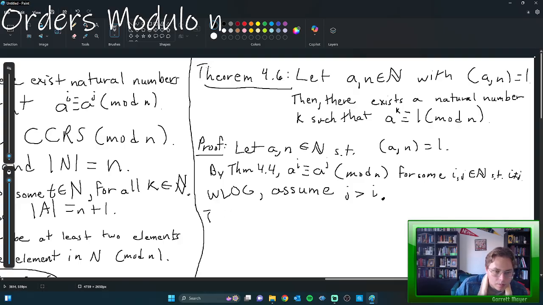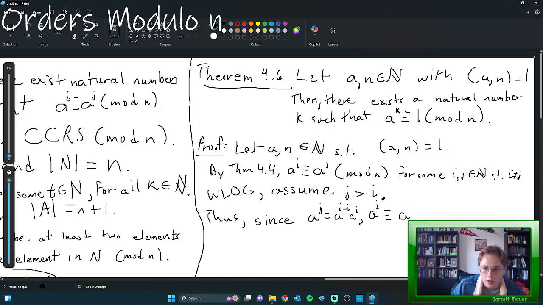Thus, since a to the j equals a to the j minus i times a to the i, a to the power j is congruent to a to the j minus i times a to the i mod n.